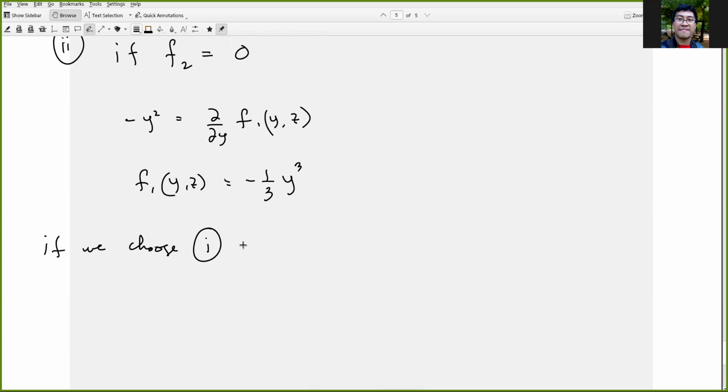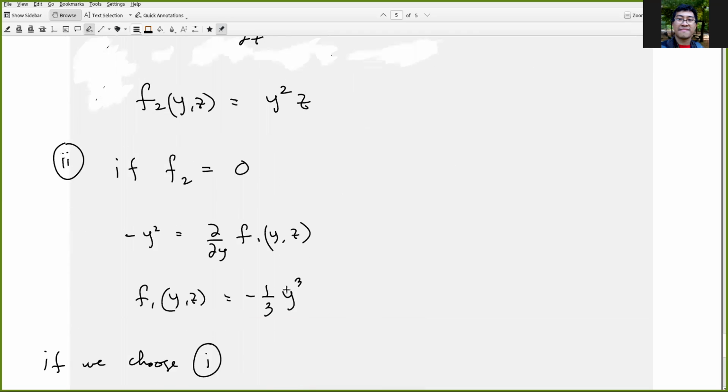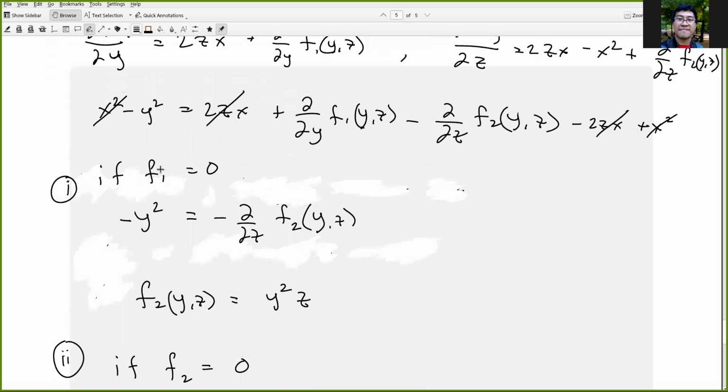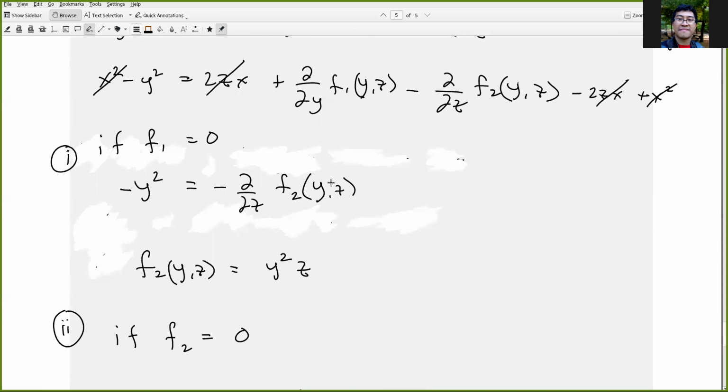So if we choose possibility I, and possibility double I, we can choose either. Let's say we can set a value of f1. Let's say f1 is some value x, for example. Then f2 would also change. So f1 and f2 are dependent on each other. If you choose one, the other one would be something.